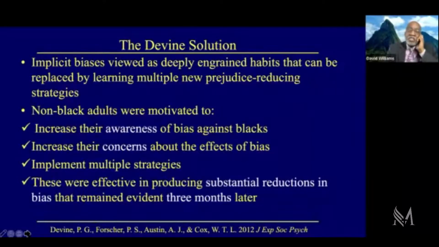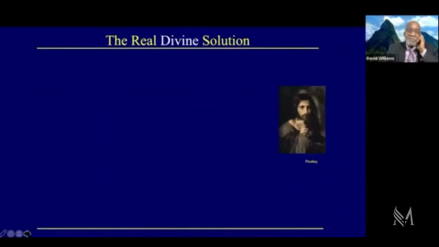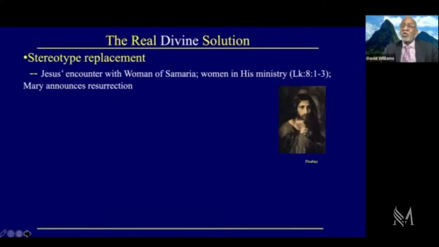And those reductions remain evident 3 months later. I want to illustrate this by talking about the real divine solution. Jesus used all of the strategies that science has discovered. Stereotype replacement is when you take a negative stereotype and you turn it into a positive one.